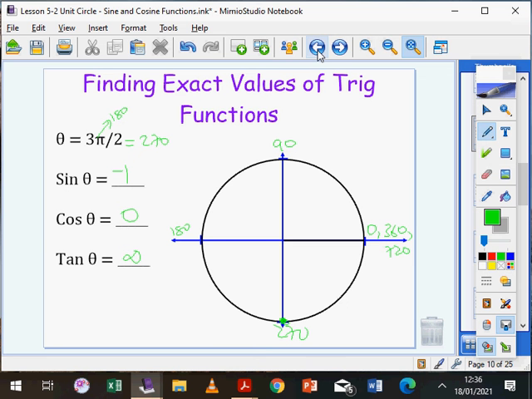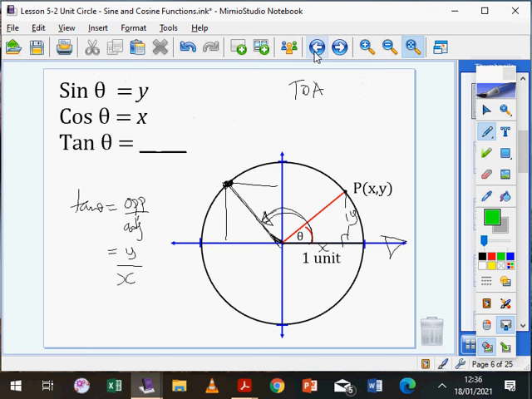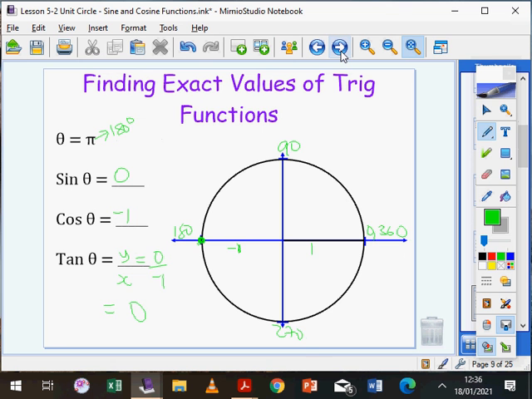Okay, the radius was 1 unit, and I hope you remember that we were dividing everything by 1. We're dividing everything by 1 because that was the radius. We kept dividing everything by 1. So here, this is not a unit circle because obviously the radius is not 1 unit.